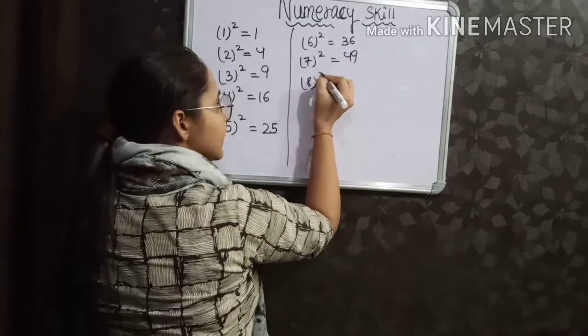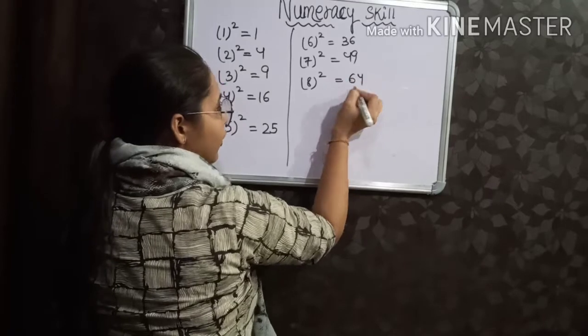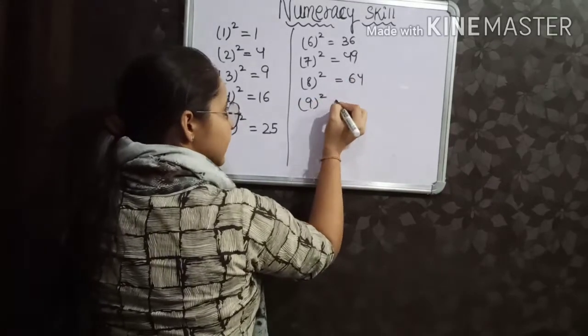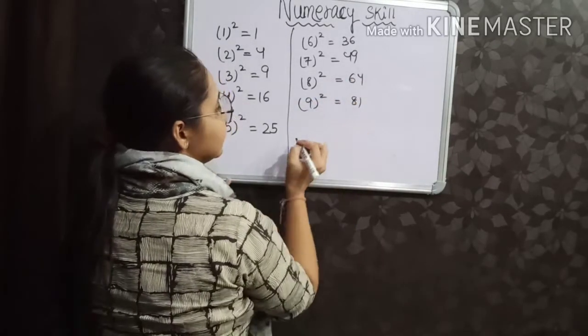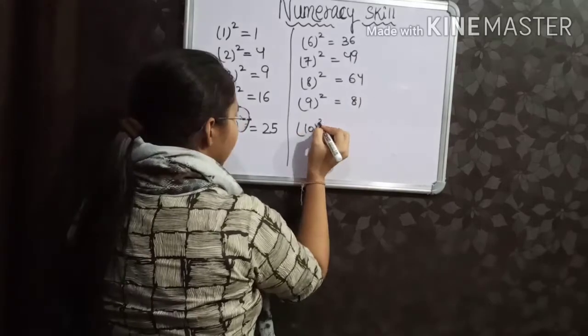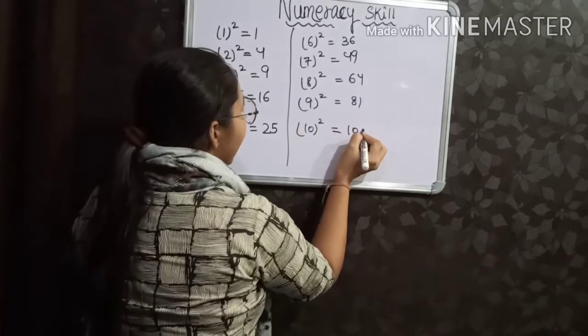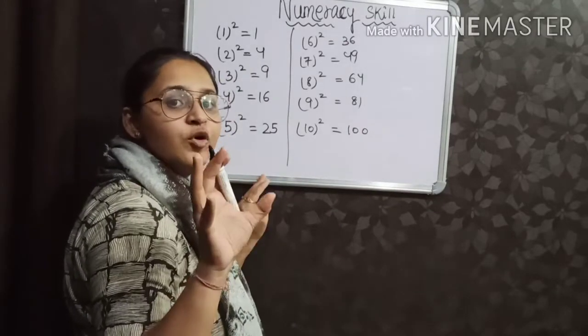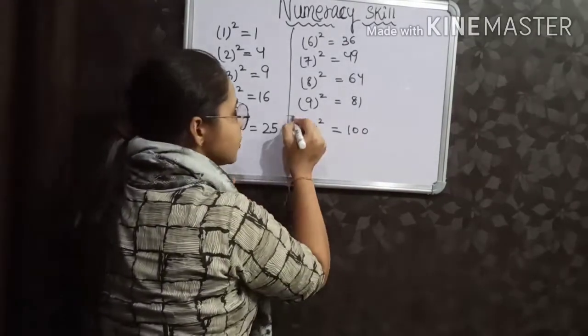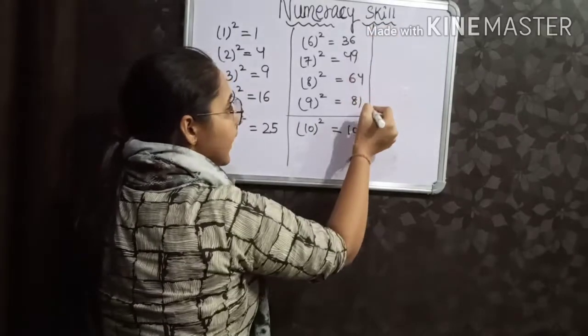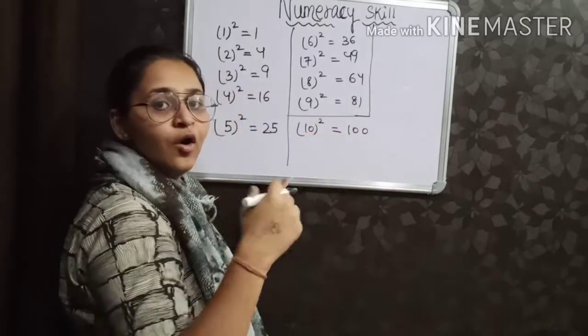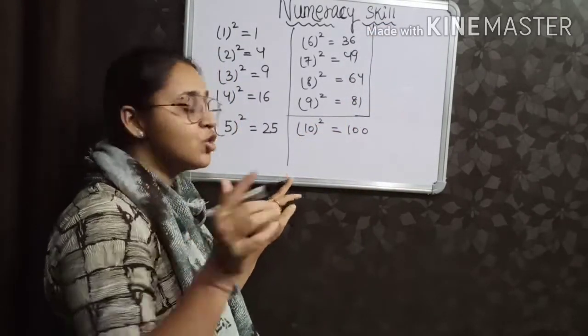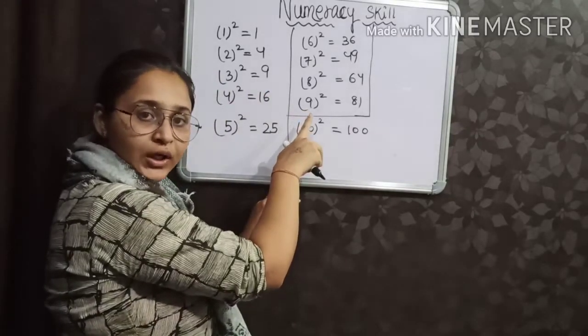Square of 8 is 64. Square of 9 is 81. And square of 10 is 100. I expect that all of you must know the squares of 1 to 9 on your tips.